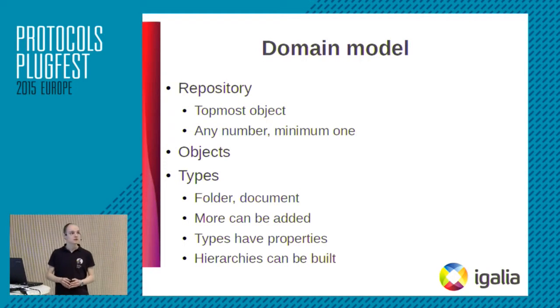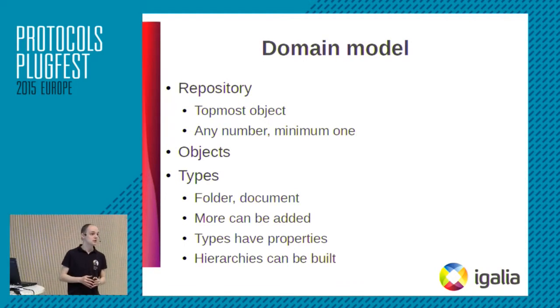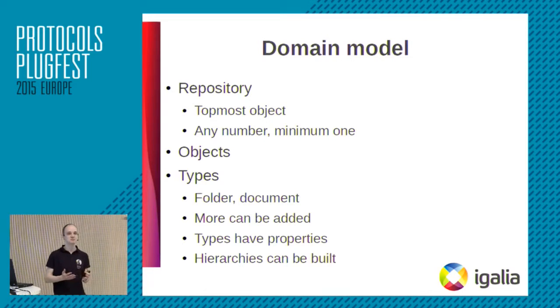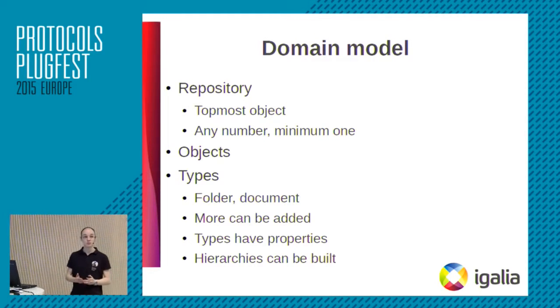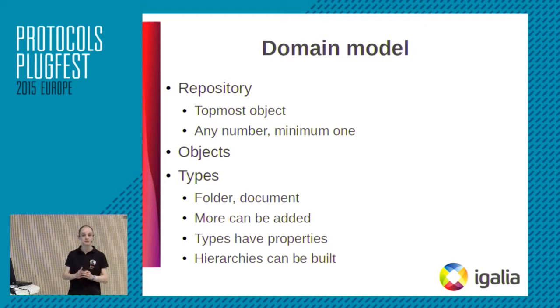And the main model tries to be, as I said before, an abstraction for the common objects and operations found in ECMs. The repository is the topmost object, and a server can have any number of repositories with a minimum of one.